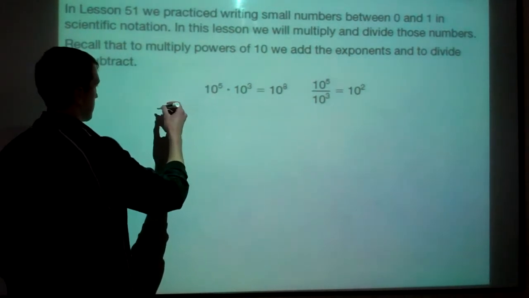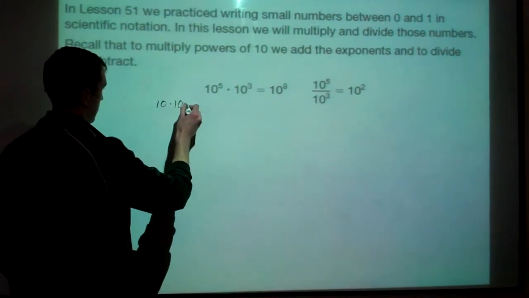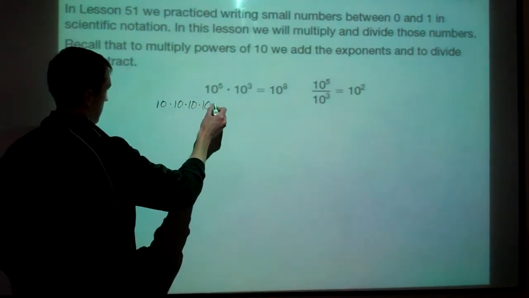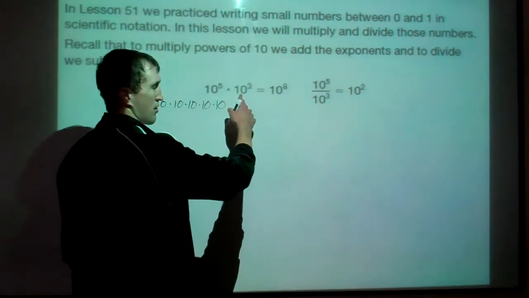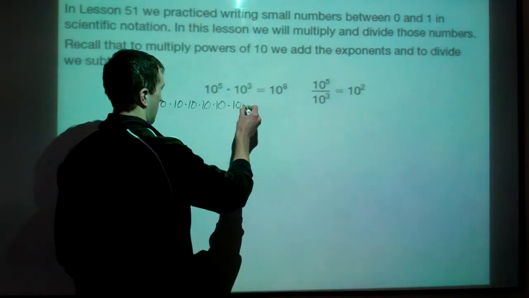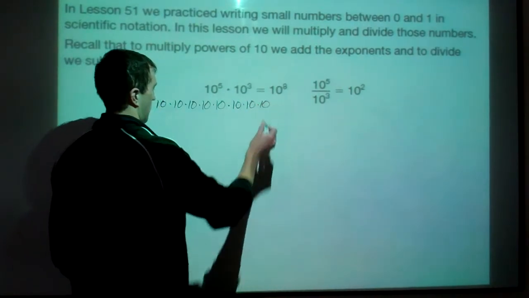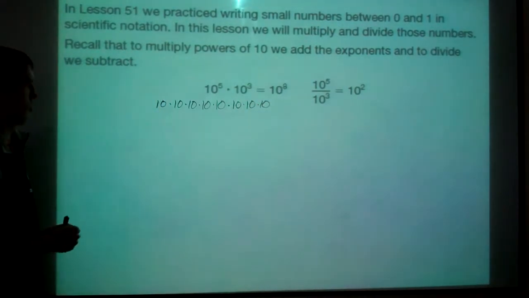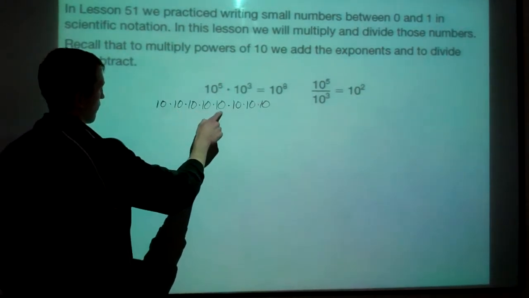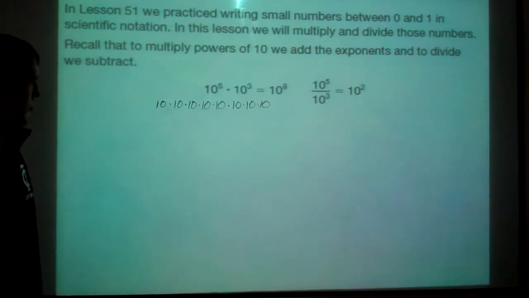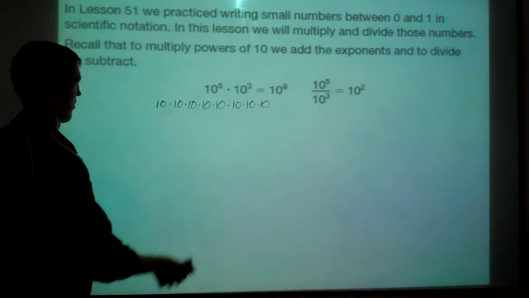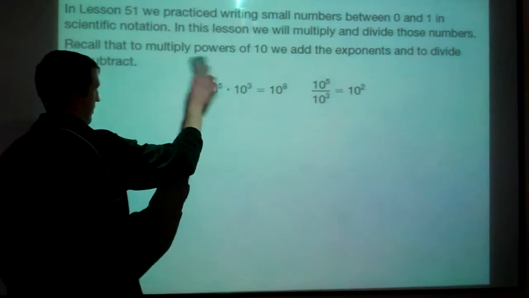This means 10 times 10 times 10 times 10 times 10, so that's 10 to the 5th times 3 more 10s: 10, 10, 10. And how many 10s do you have total? You've got 1, 2, 3, 4, 5, 6, 7, 8. Alright? So the shortcut there was same base, you can add your exponents together. That is going to come in handy today.